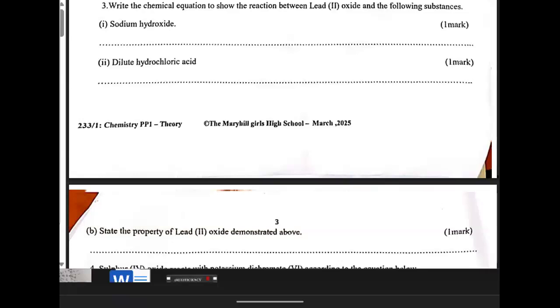So the property is amphoterism. The oxide is amphoteric oxide. And other examples of amphoteric oxides are aluminium oxide and zinc oxide. We move to the next question.